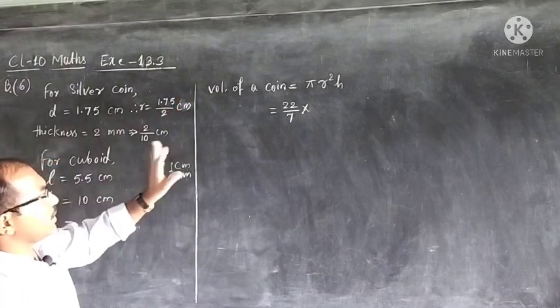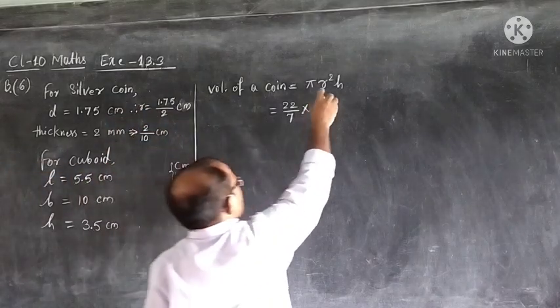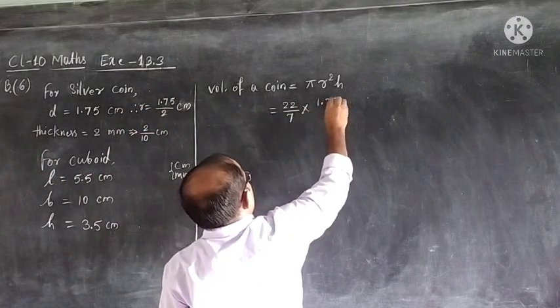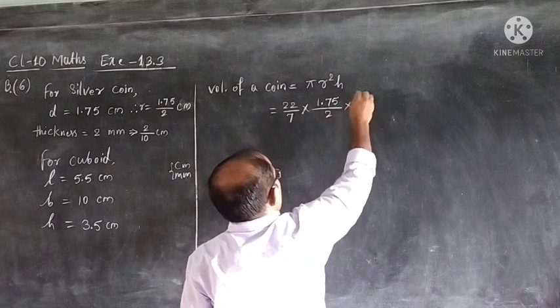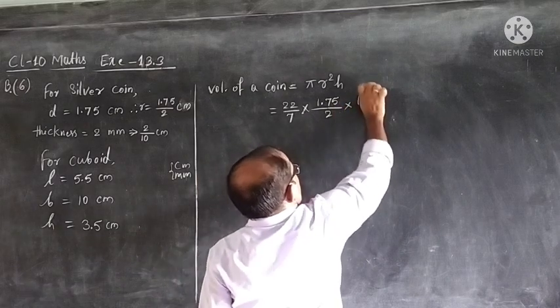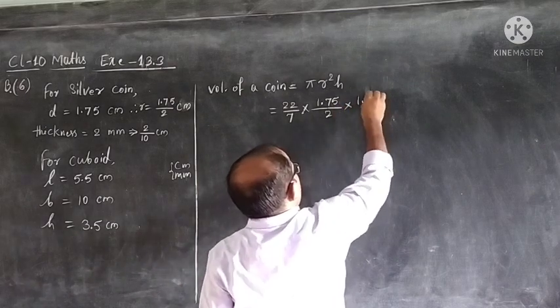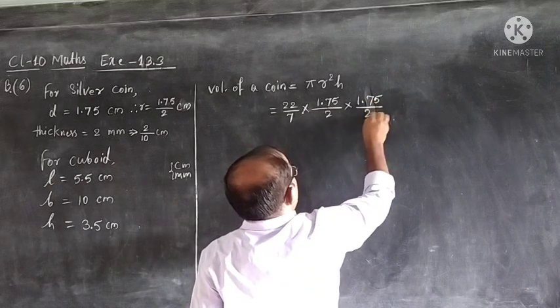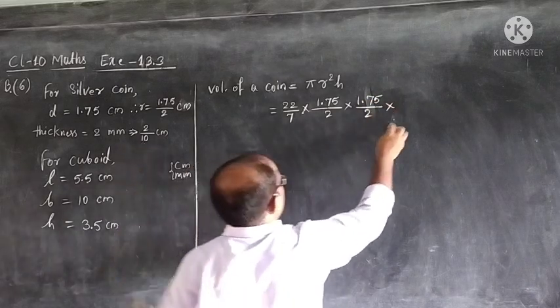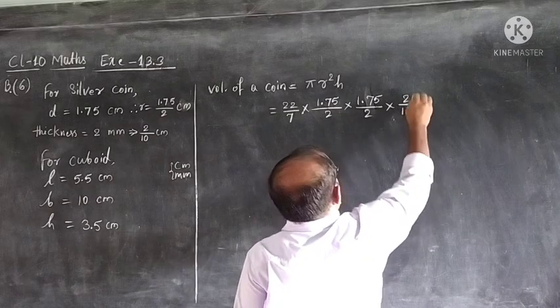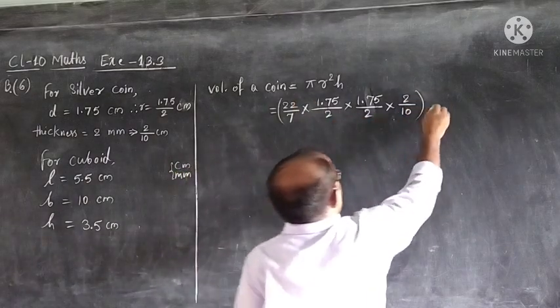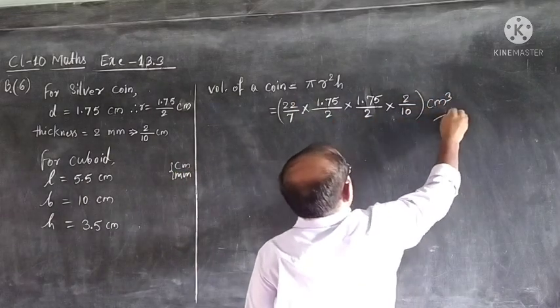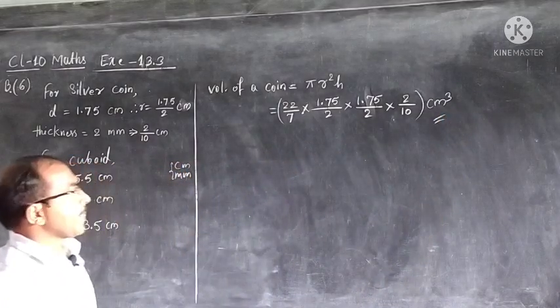So, continue with that, no need to simplify here and all. So, radius square means 1.75 by 2 into 1.75 by 2. Then height is the thickness, that is 2 by 10. So, this is the volume in centimeter cube, the volume of one coin.